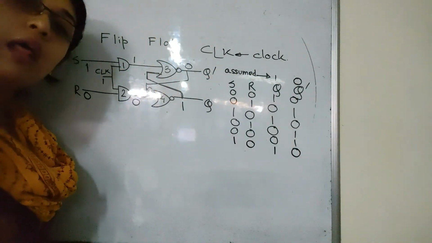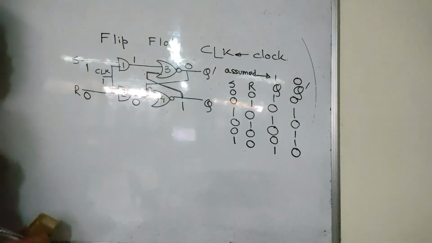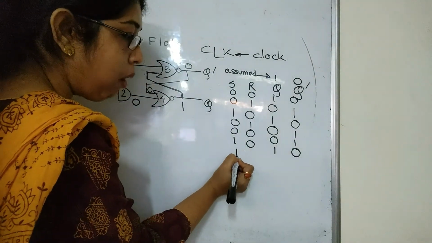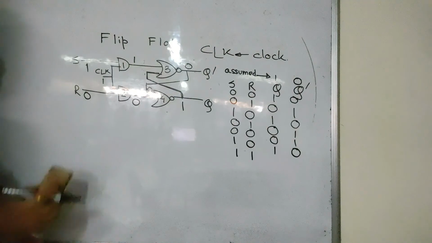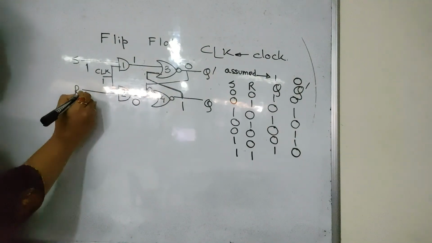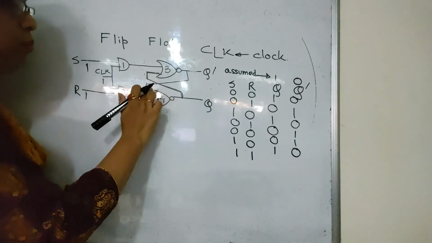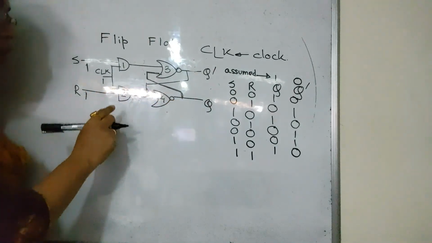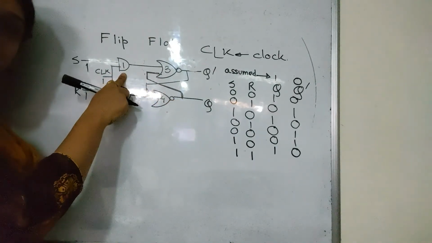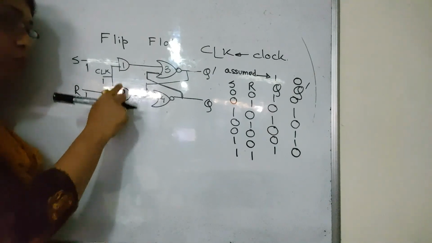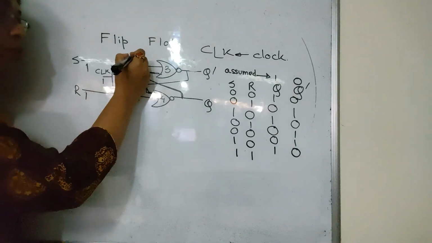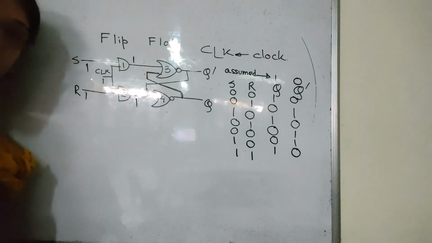Right? Now, if both the inputs are 1, 1, S value is also 1, R value is also 1. When S and R value both are 1, AND gate number 1 and AND gate number 2 are both going to give us outputs of 1. Correct?